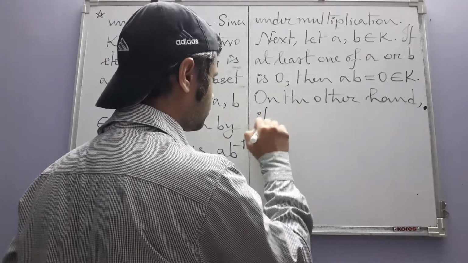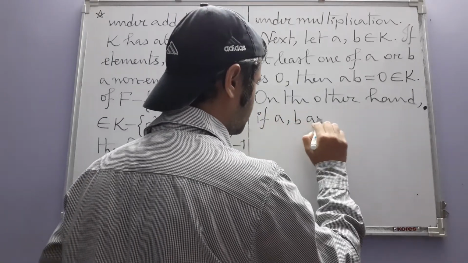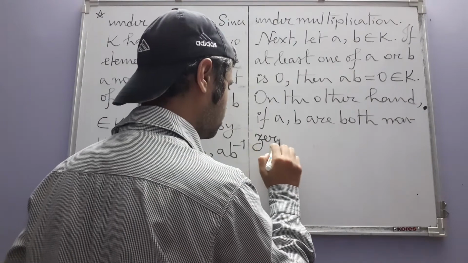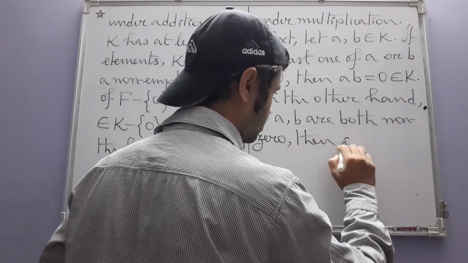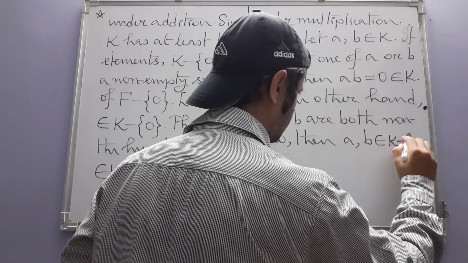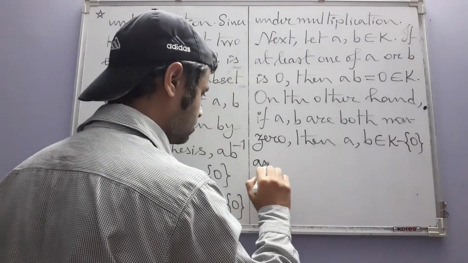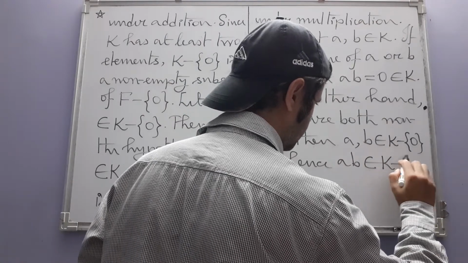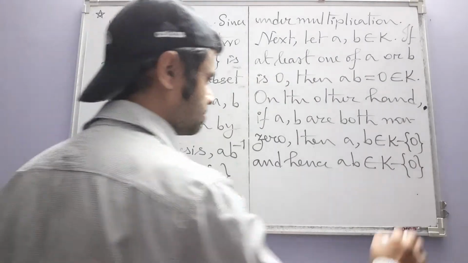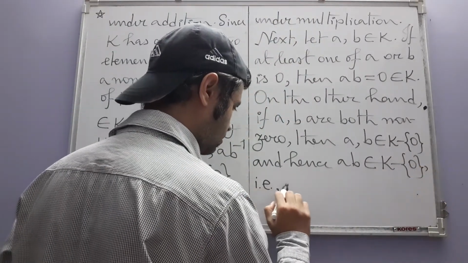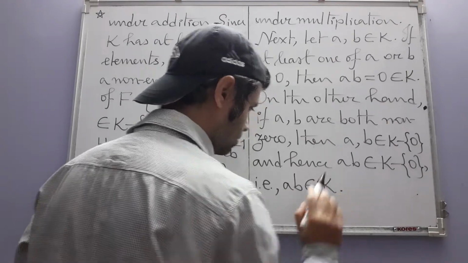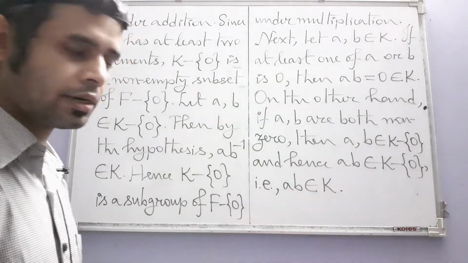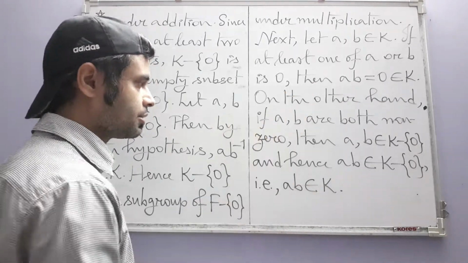If A, B are both non-zero, then they belong to this, and hence their product also belongs to this, that is, ultimately their product belongs to K. So K, besides being an abelian group under addition, now has become closed under multiplication in general, for any two elements A and B in K.